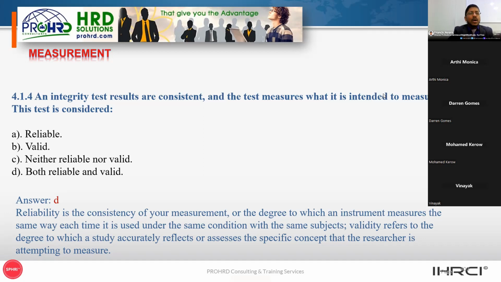Reliability, for example: this summertime, everyone is going for a vacation, right? You all are traveling. In Kuwait Airways, they give a provision of two luggages of 23 kg each, plus 7 kg hand luggage. You have a weighing machine at home.